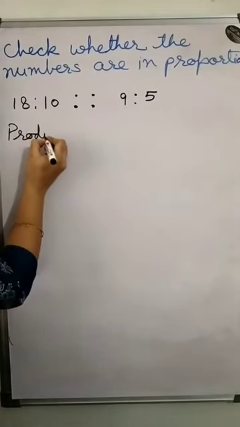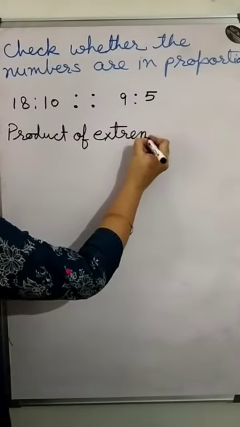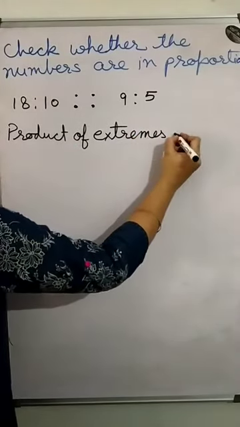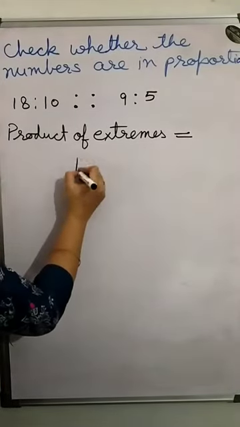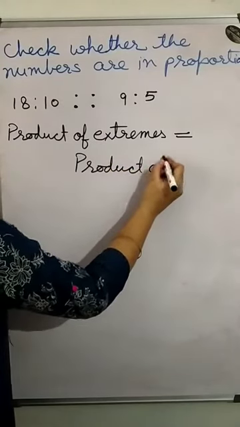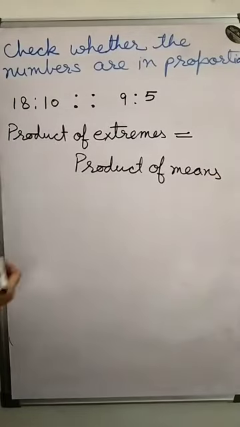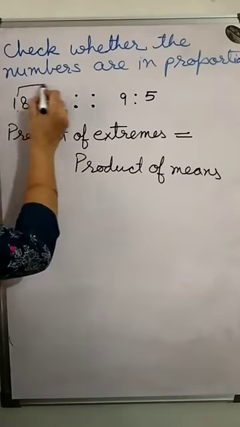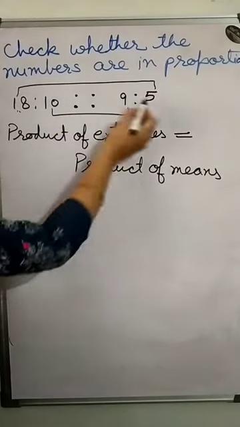Here we have one formula: the product of extremes is equivalent to the product of means. So here 18 and 5 are the extremes, and 10 and 9 are the means.